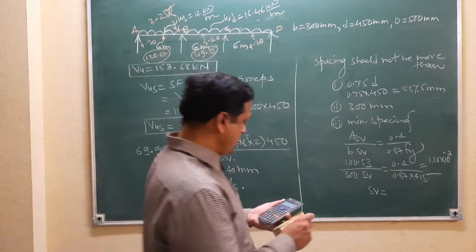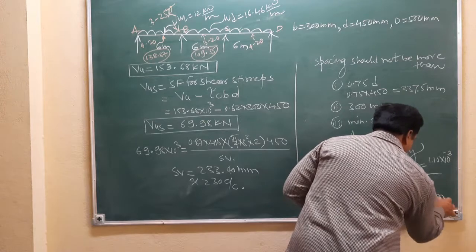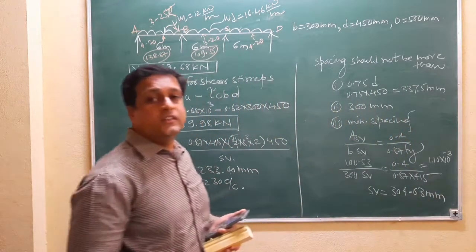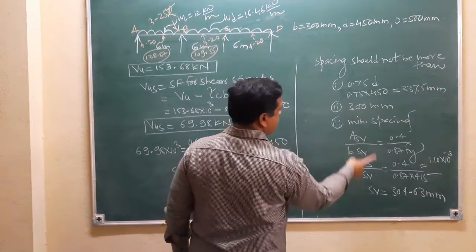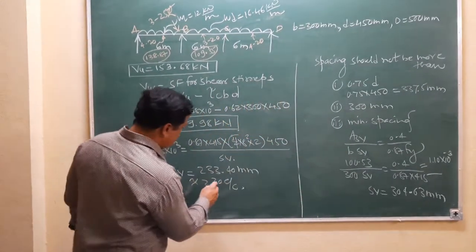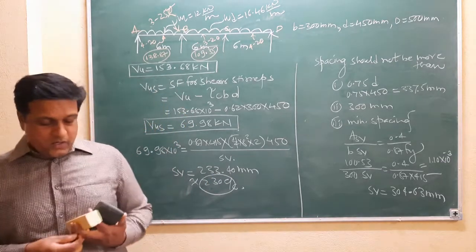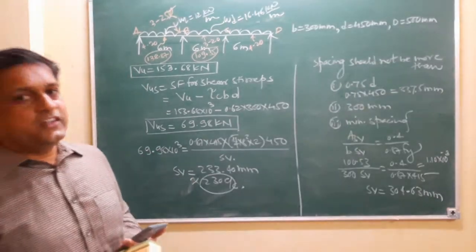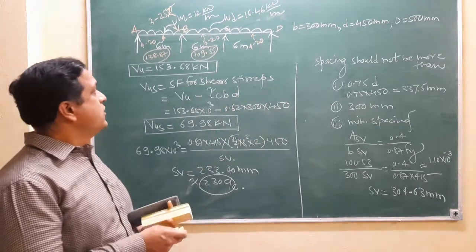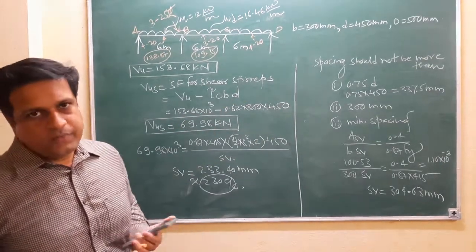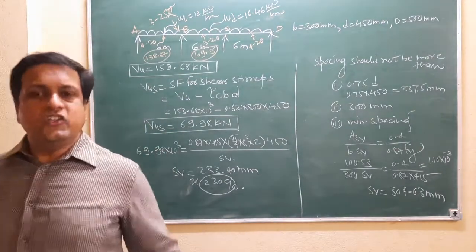This value is 304.63 mm. I have to provide the minimum of these four values. One is this, second is this, third is this, fourth is this. The minimum value is 230 mm center to center. That means you have to provide 8 mm diameter two-legged stirrups at 230 mm center to center throughout the section.